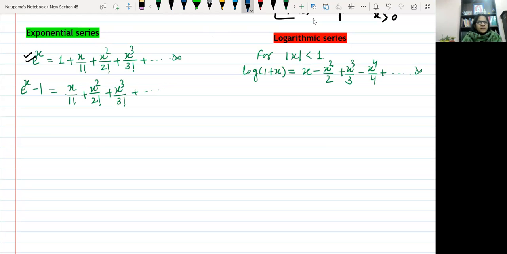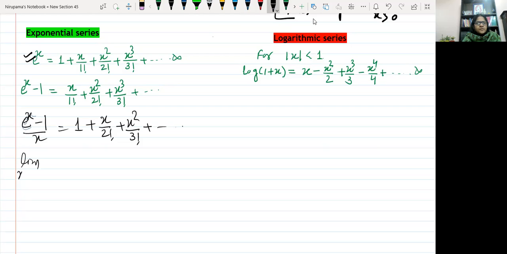Now let me take e^x, just a moment. So (e^x - 1)/x is 1 + x/2! + x²/3! and so on. Now let us take the limit as x approaches 0 of (e^x - 1)/x.